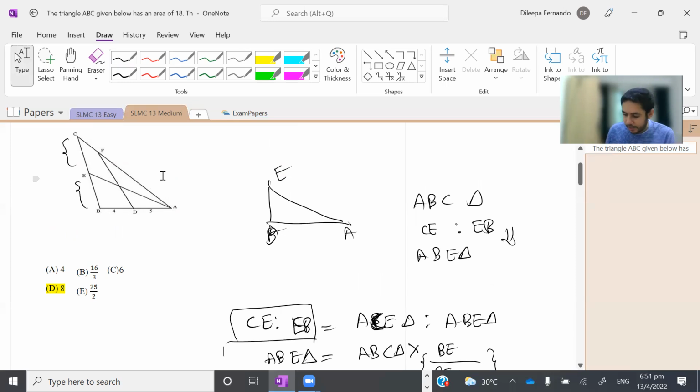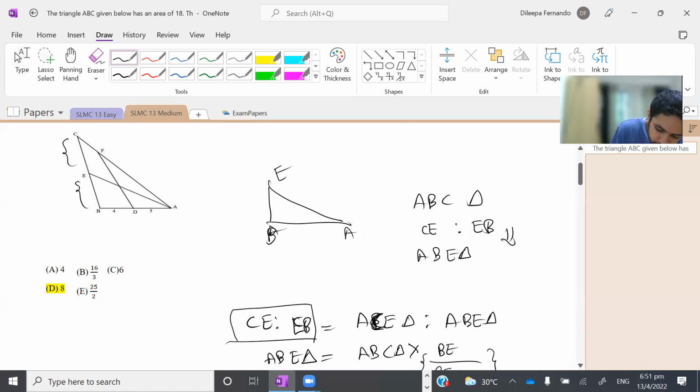In order to find this ratio, one way is to find whether there's a parallel line.